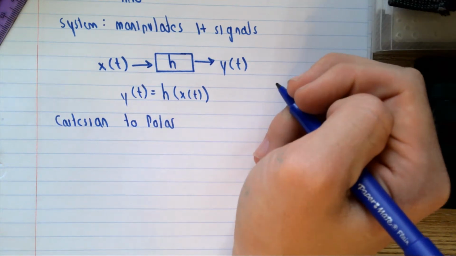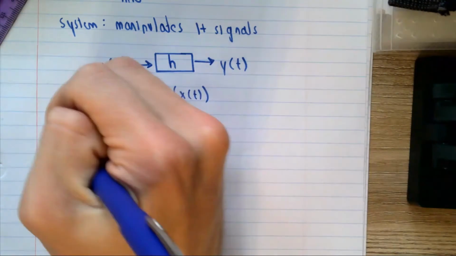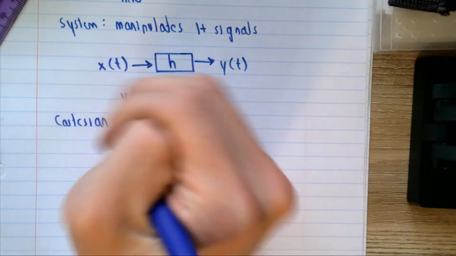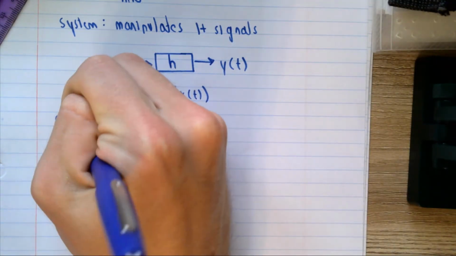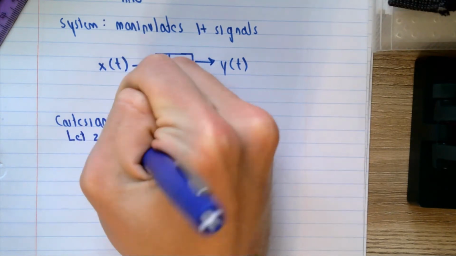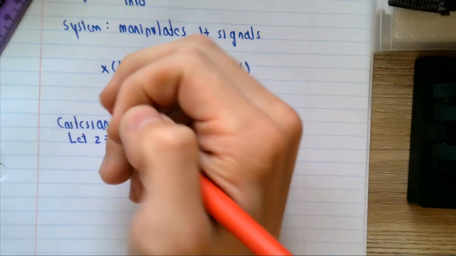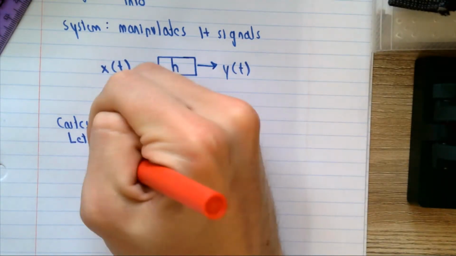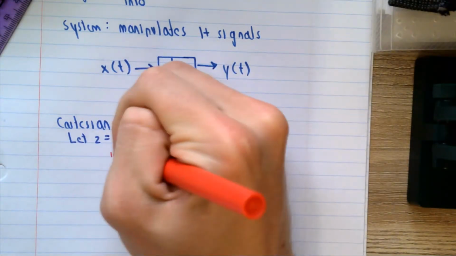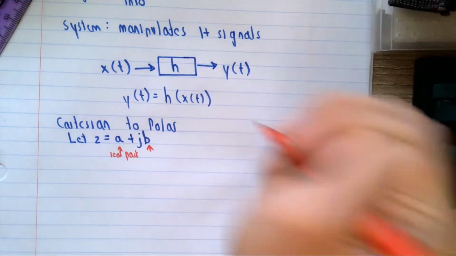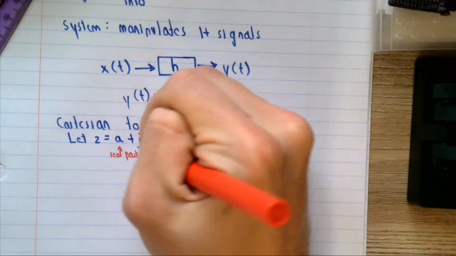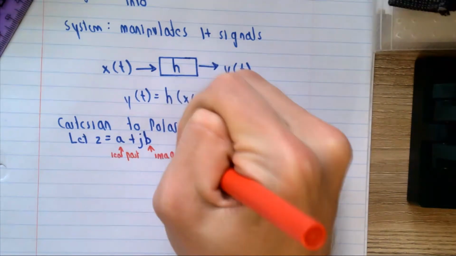So for the Cartesian, let's just have an arbitrary vector, okay? Let z equal a plus jb. That's saying that a is our real part, along the x-axis, and the jb is your imaginary part, and that's going to be along the y-axis, so you guys know.